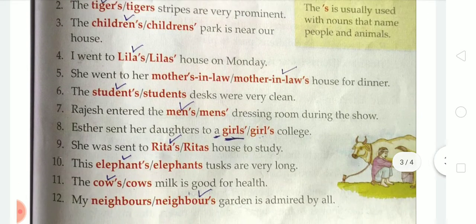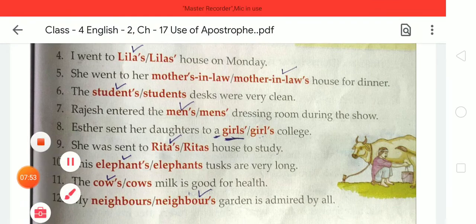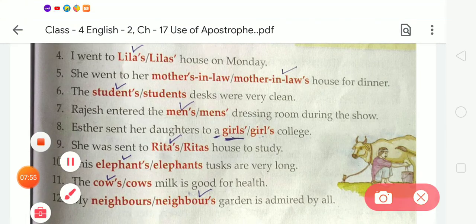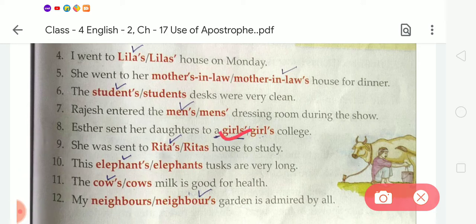Number 8: Esther sent her daughter to a girls' college. Here girls' is correct. Next: she was sent to Rita's house to study. This one is correct. Next, number 10: the elephant's trunks are very long. We have to choose the correct one.